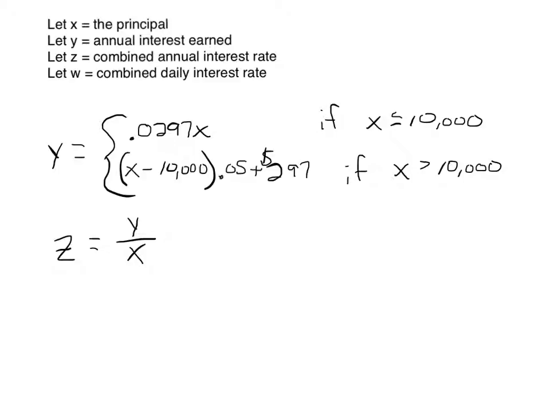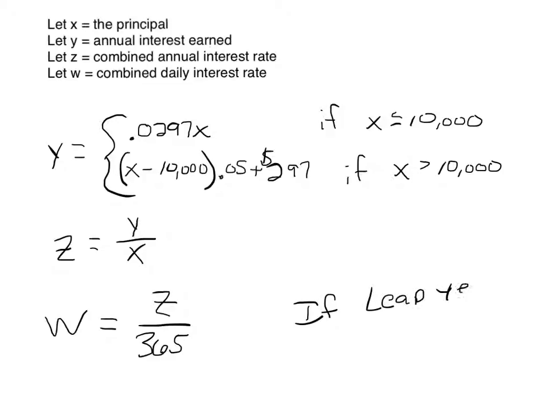To get your daily rate, w, you then take z, which was your combined annual interest rate, and divide by 365, assuming this is a non-leap year. If it's a leap year, then divide it by 366.